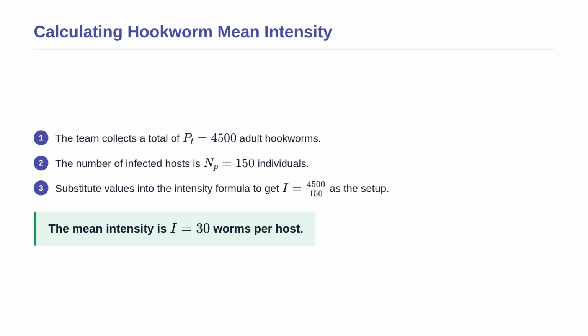We substitute 4,500 for the total parasite count and 150 for the number of infected hosts. Dividing 4,500 by 150 gives us 30. This final answer tells us that each infected person is carrying a significant burden of about 30 worms. This high intensity could cause severe anemia and malnutrition if left untreated.